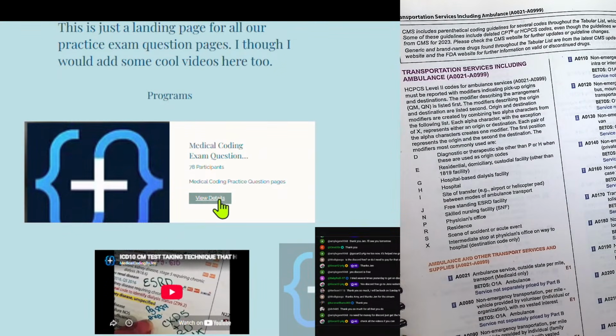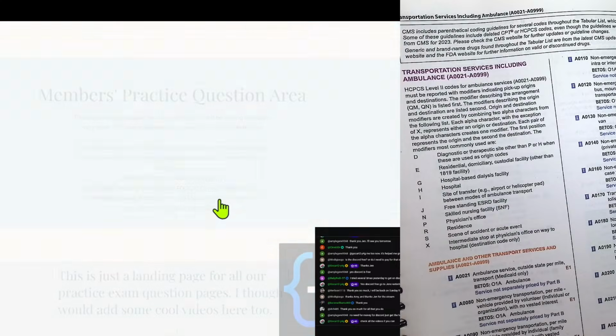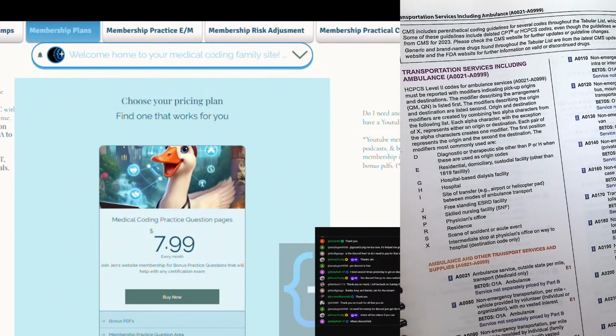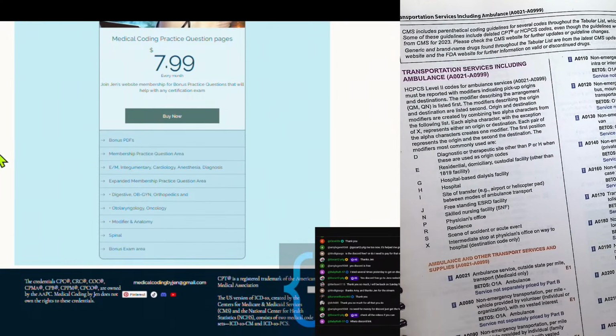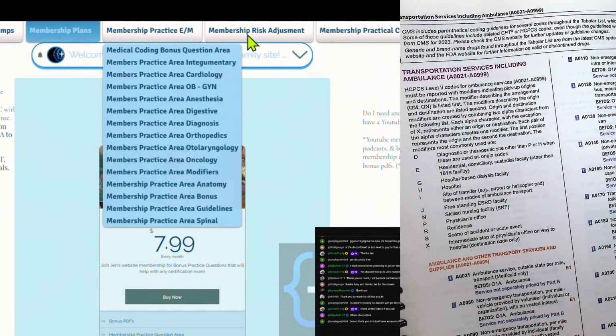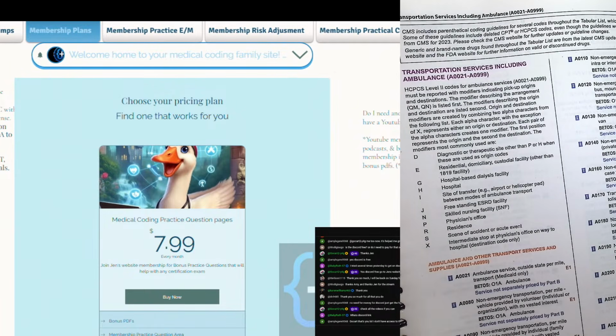You start this right here, and when you click on that and hit the join button, she's been adding in a bunch of practice questions. So has Go-Kart, and it'll come up with a tab here that has 19 areas like E&M questions, cardiovascular questions, respiratory questions, and each chapter has its own exam area, and you'll do all the questions in the area, then hit grade, and it'll grade your exam. Great area to practice in. Super helpful.